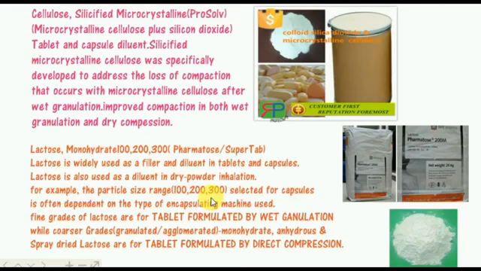Similarly, for the wet granulation process, the smaller mesh size lactose is used, while for the direct compression process, the larger particle size of lactose is used. It is described here: fine grades of lactose are for tablets formulated by wet granulation, while coarser grades, agglomerated monohydrate and anhydrous or spray-dried lactose, are for tablets formulated by direct compression.